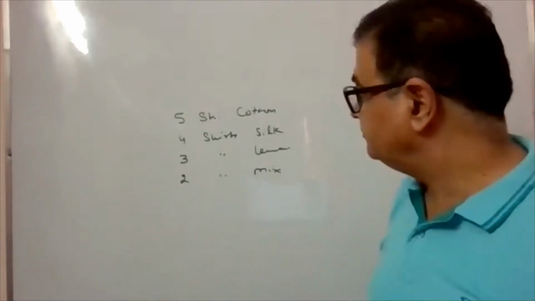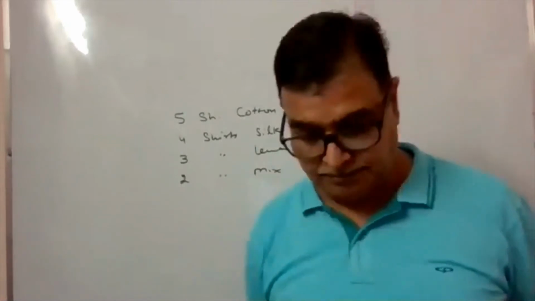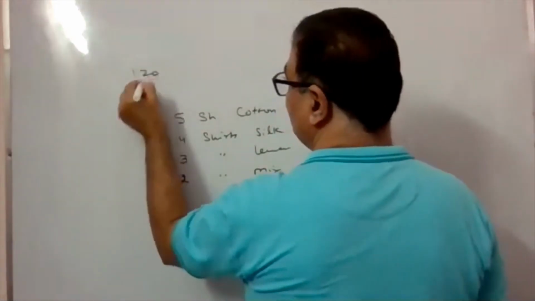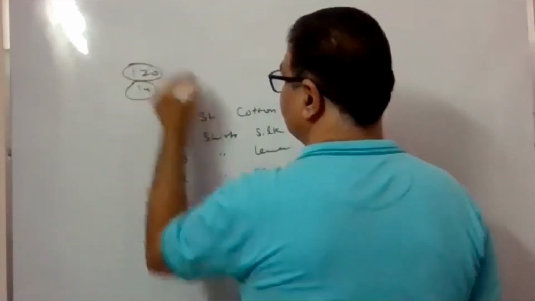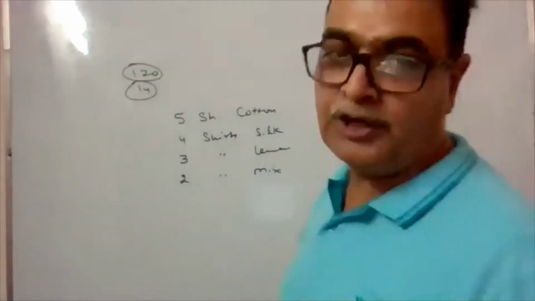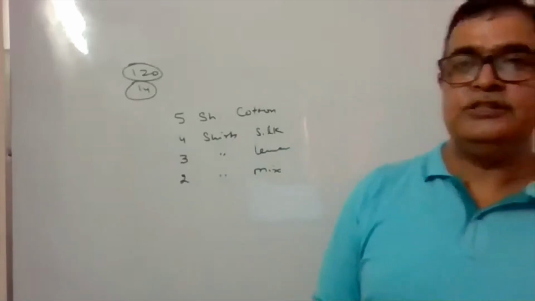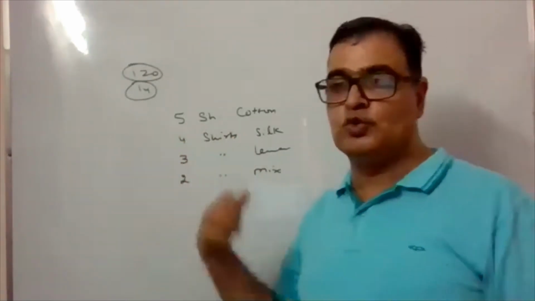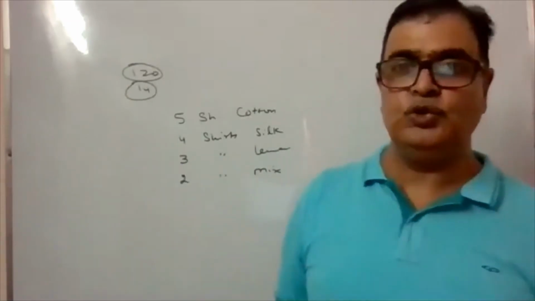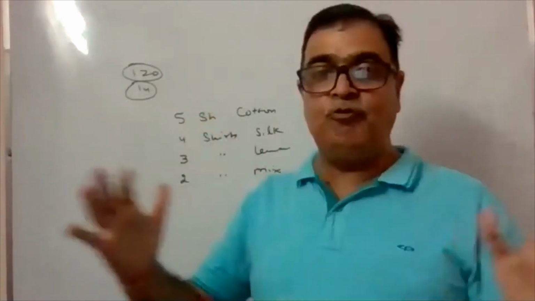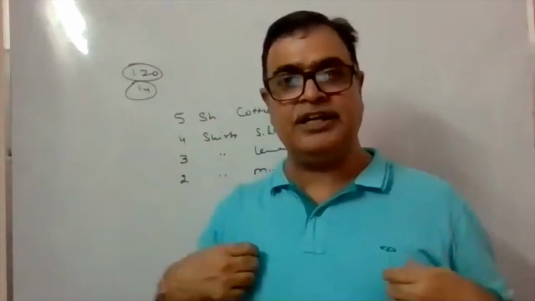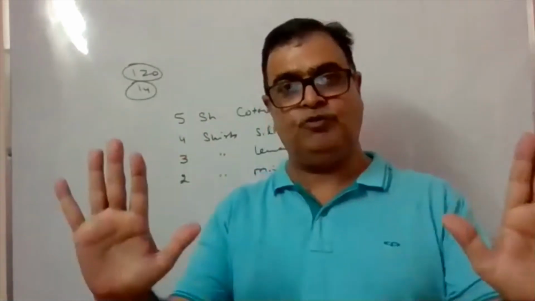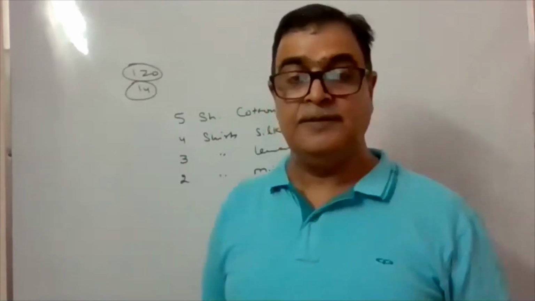So 120, or 14. 120 is one answer, 14 is the other answer. Listen, 14. Don't say it is 120. Don't multiply 5, 4, 3, 2, because you are not going to do this. The cotton shirt I can wear by 5 ways, out of 5.